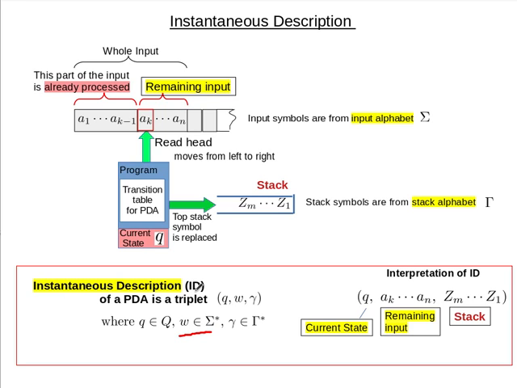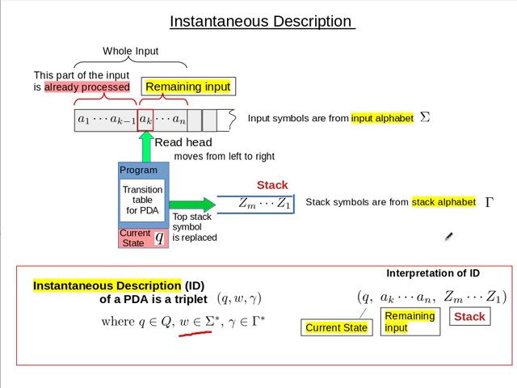Now it's a different matter whether we can actually reach that instantaneous description as part of processing our input or not, and this triplet is interpreted as what we already discussed. Given this triplet, it will be interpreted as the current configuration of some PDA, where Q is the current state, W is the remaining part of the input, and gamma is the symbols in the stack in this order.